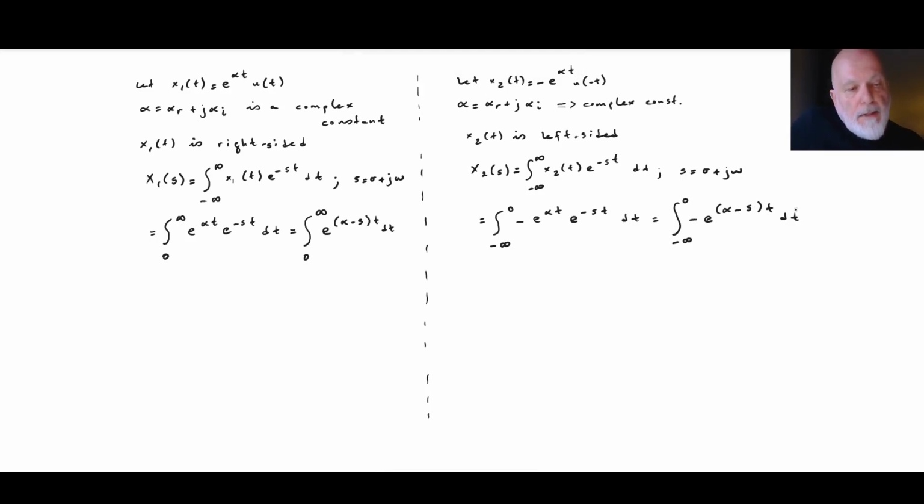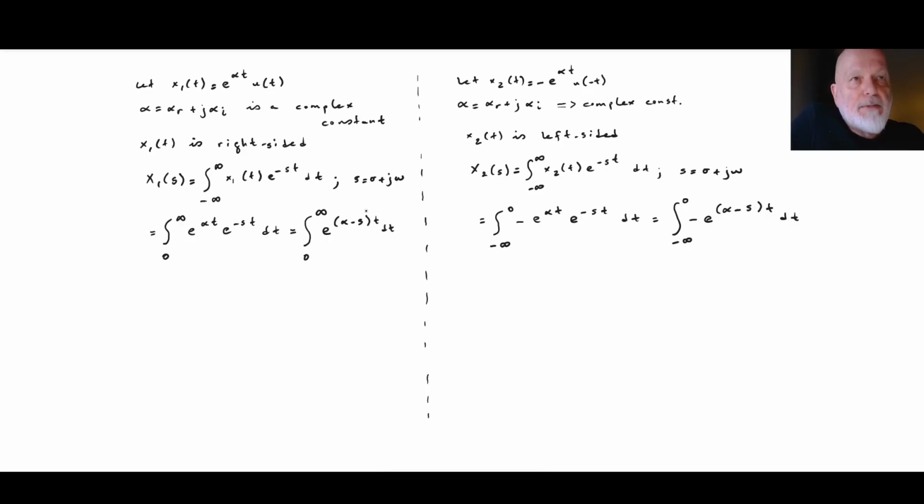Now, let us look at the first integral. We know that this integral is convergent if, now here we have a complex quantity. s is the variable, alpha is constant. We know that the imaginary part of s or of alpha will play no role in the convergence of this integral.